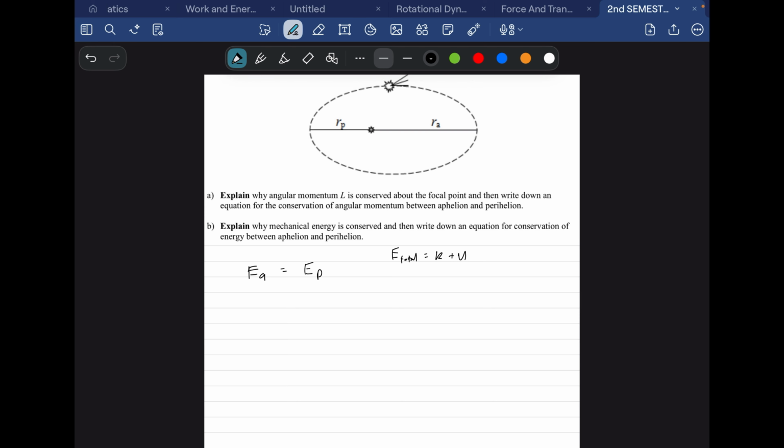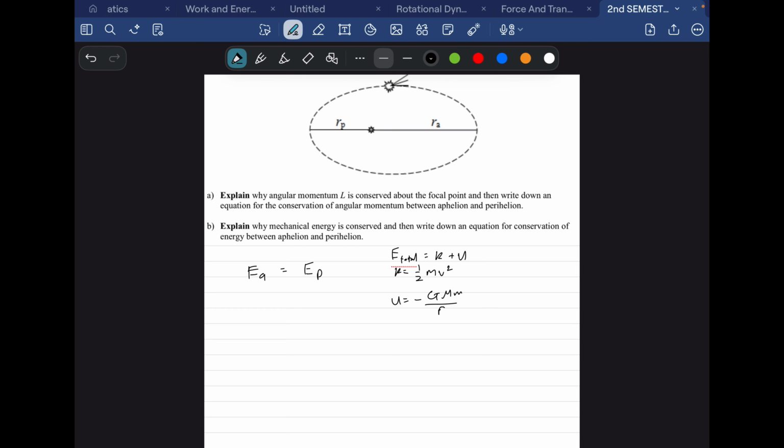Then K is equal to 1 over 2 mv squared. Then U is equal to negative constant G, mass of the stationary object times mass of the orbiting object, over the distance from the stationary to the orbiting object, right?